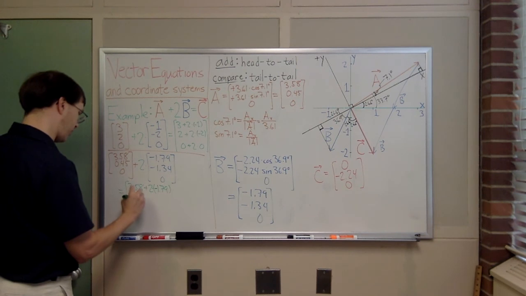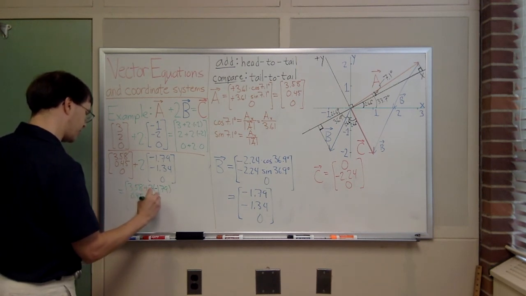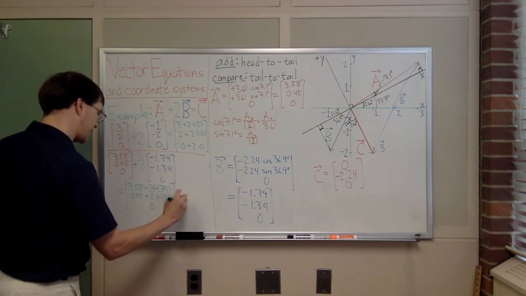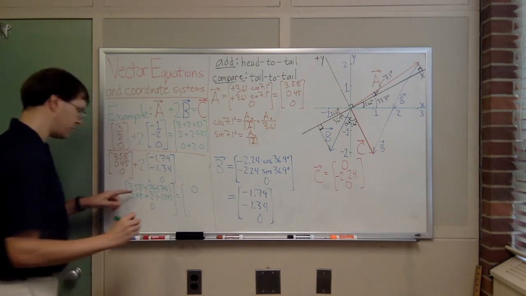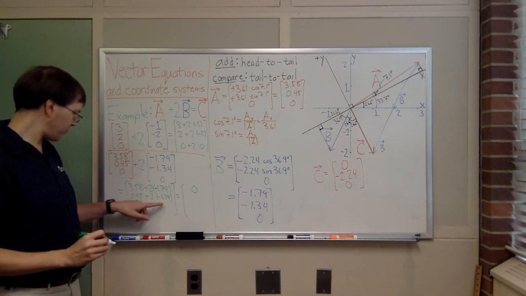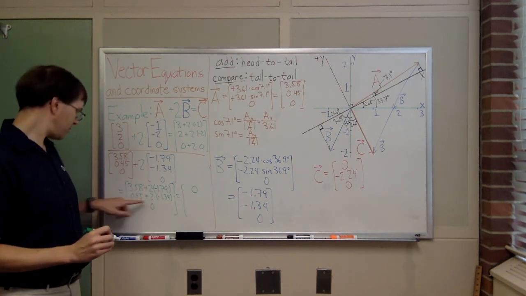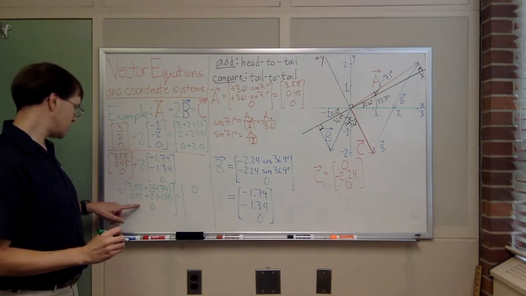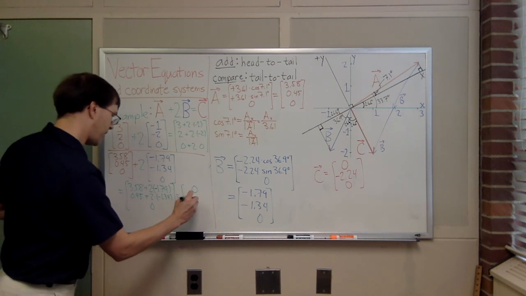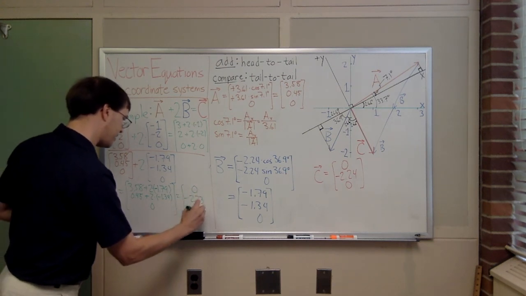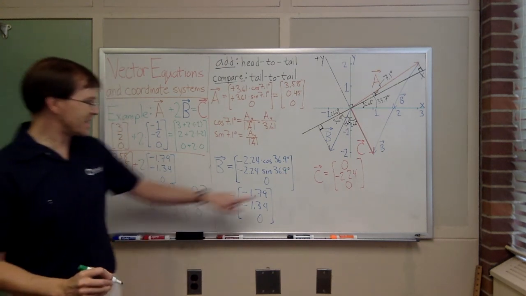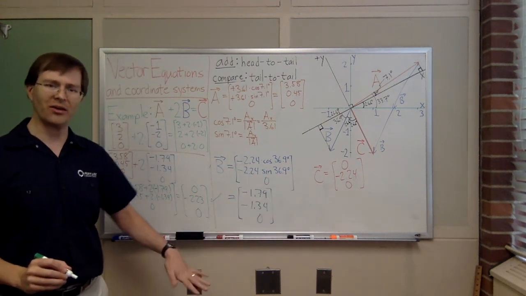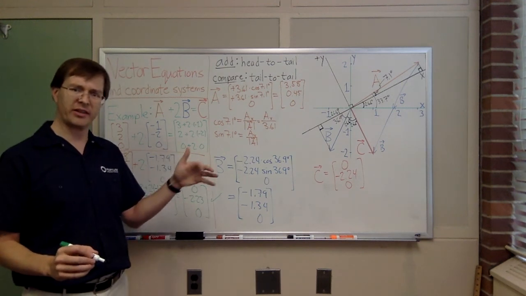This is 0.45 plus 2 times minus 1.34, and this is 0. So what is that? That top one really is just 0. The next one, 2 times 1.34 is 2.68, plus 0.45, 2.23, so minus 2.230. You can see that's almost exactly equal to C. Off in the last decimal place, but that's just that rounding error. The last decimal place often you'll be a little off in a calculation like this.